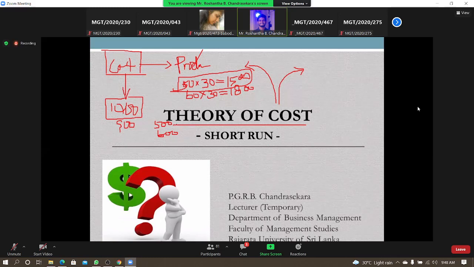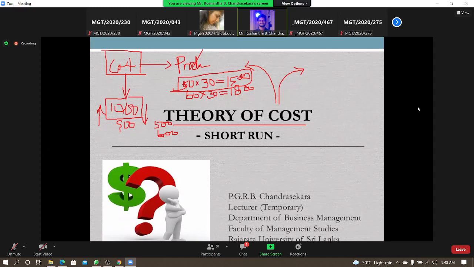So under the theory of cost, to reduce this cost or maintain cost or to meet different types of scenarios in the changing environment, you need to have knowledge on the theory of cost, so we need to learn about the theory of cost also, right, Lamai?